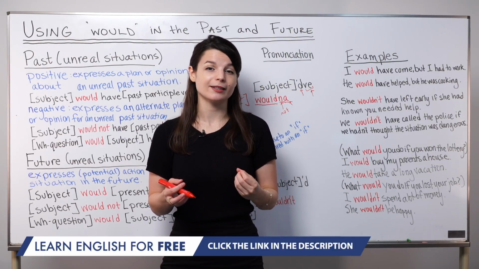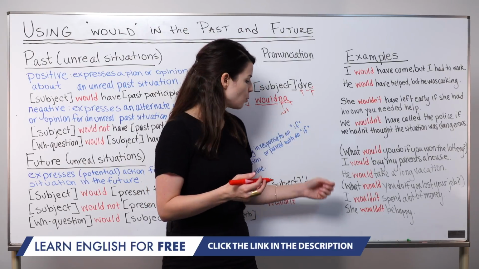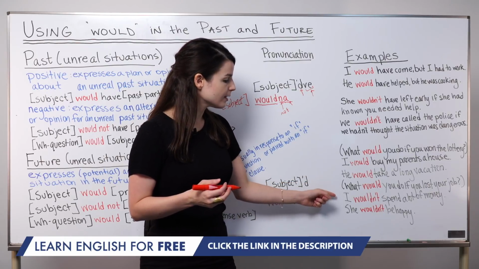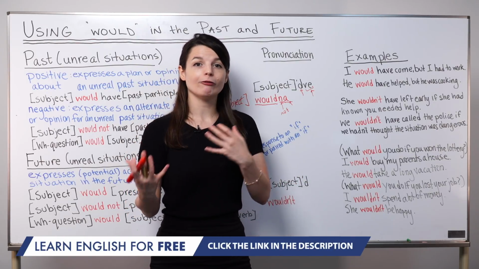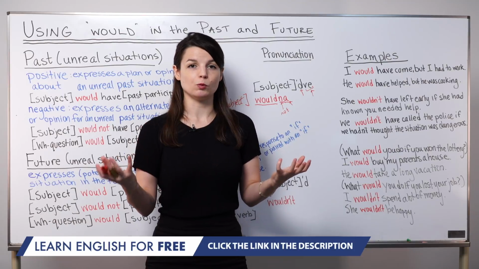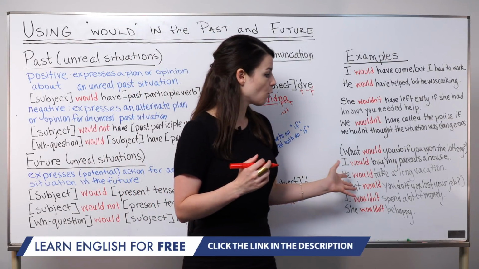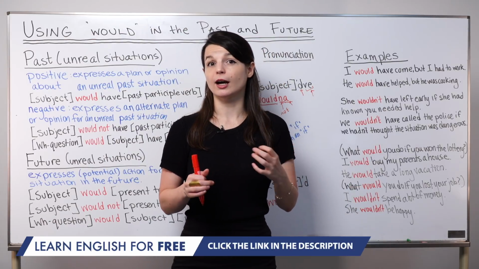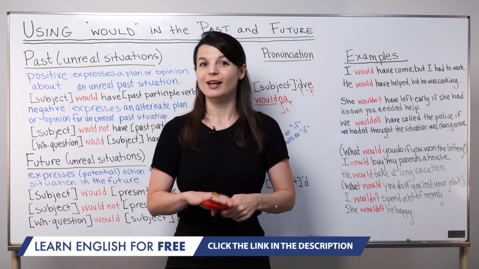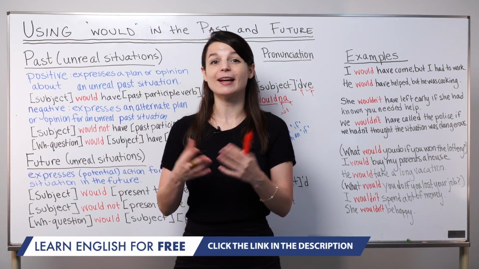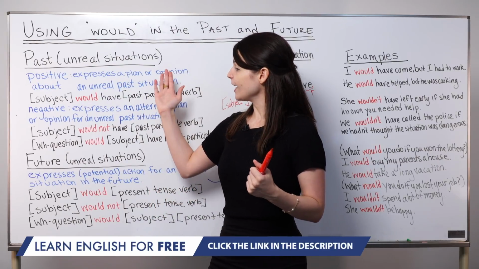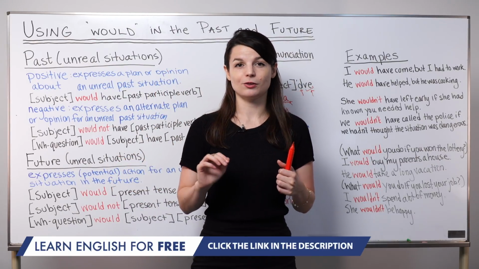She would be upset, for example. So we can use something like this to respond to these if questions. If and would are commonly paired together. So this is a quick introduction to actually a kind of complex grammar point, but I hope that it helps you understand how to use would for past and future unreal situations.